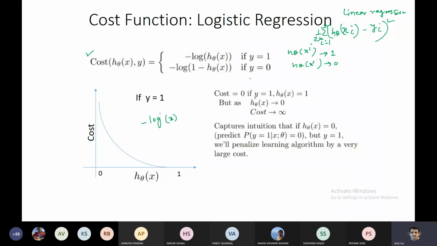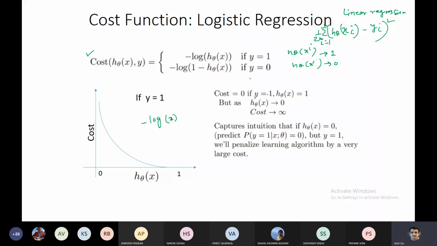So what is important here? This is h theta of x, and in this particular curve, the cost is 0 if y is equal to 1 and h theta x is equal to 1.